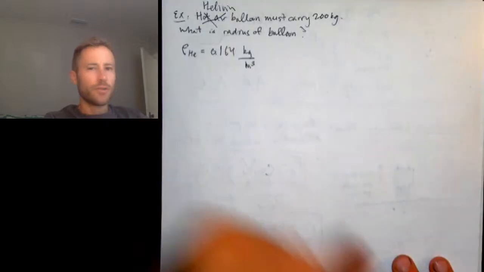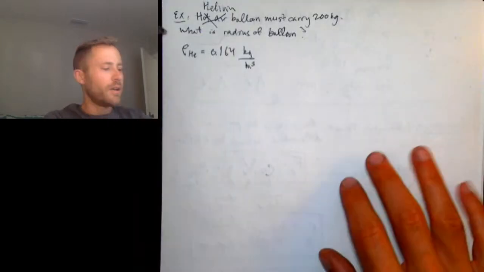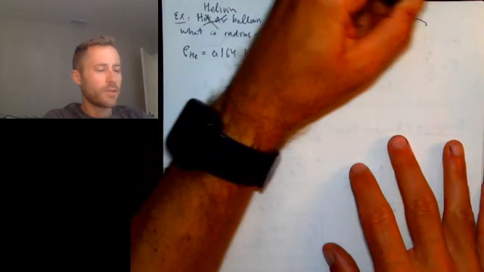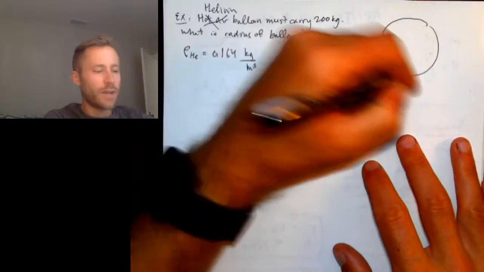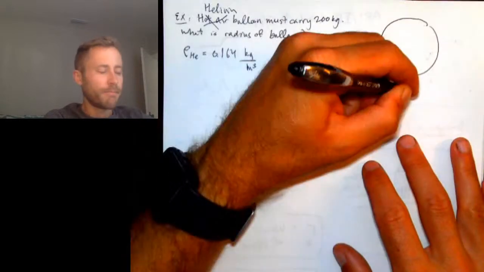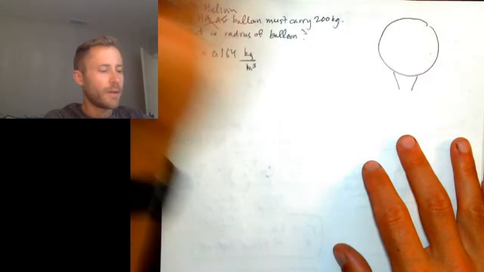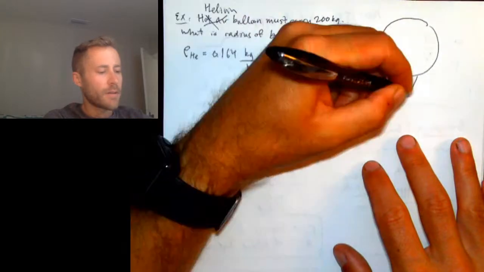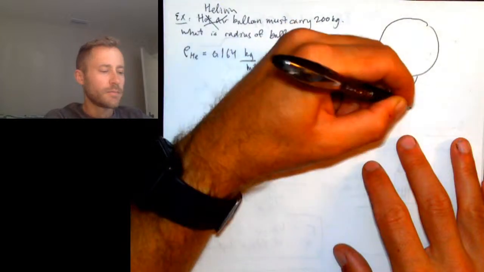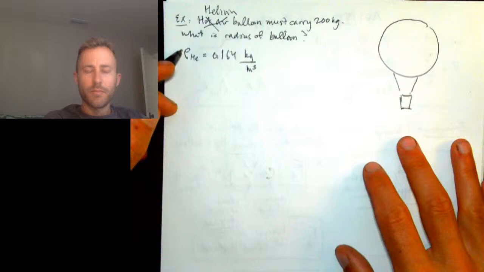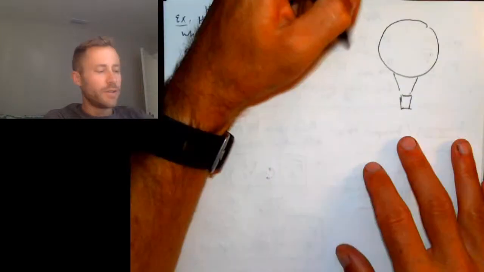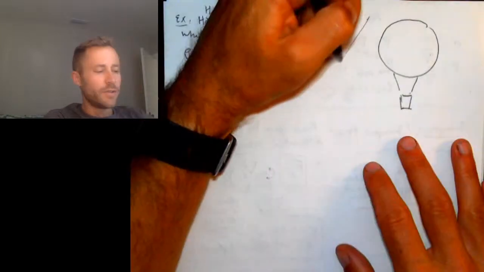All right. So if we think about a hot air balloon, here's the hot air balloon, and it has a little basket. And the hot air balloon is surrounded by air.